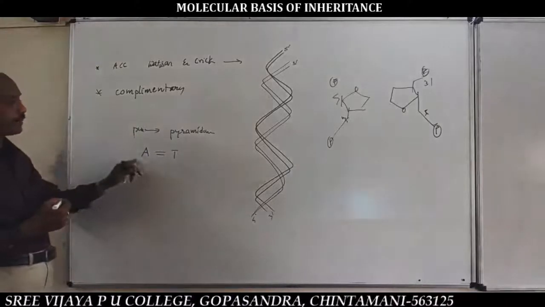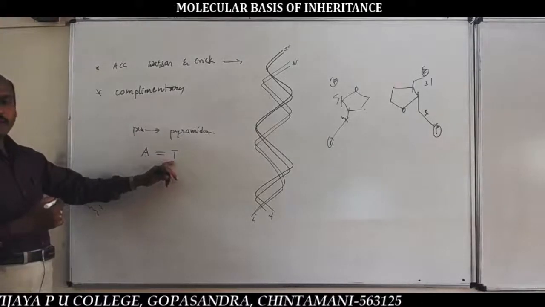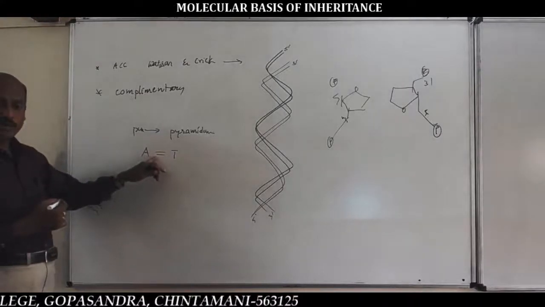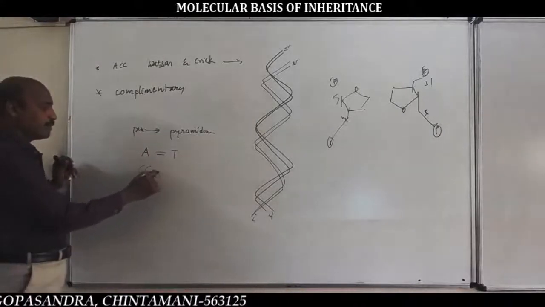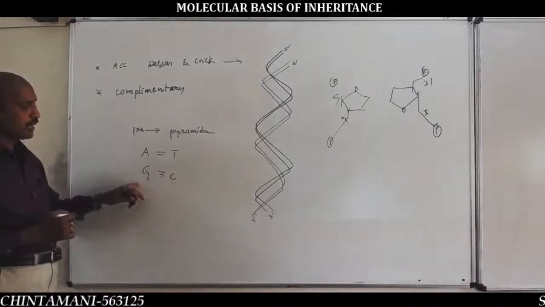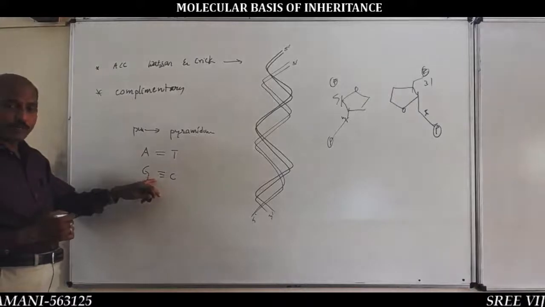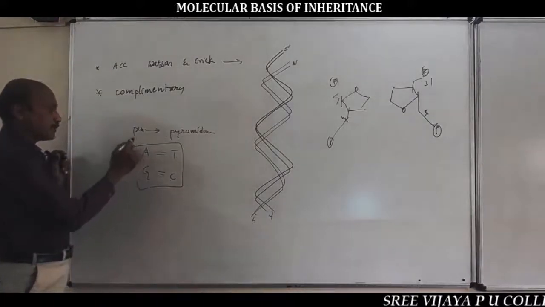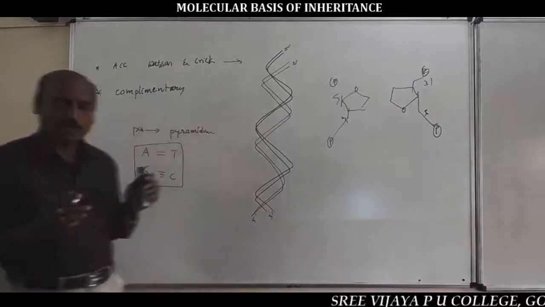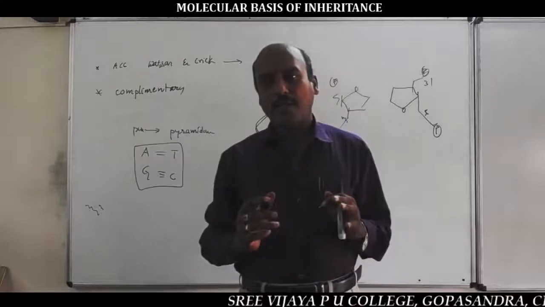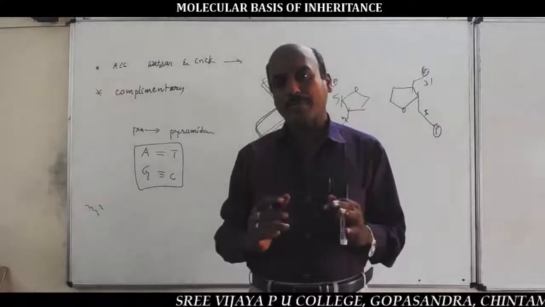Adenine pairs with thymine, and thymine with adenine, by two hydrogen bonds, and guanine pairs with cytosine, and cytosine with guanine, by three hydrogen bonds. This condition is called complementary base pairing. So, double-stranded DNA has an anti-parallel and complementary arrangement.